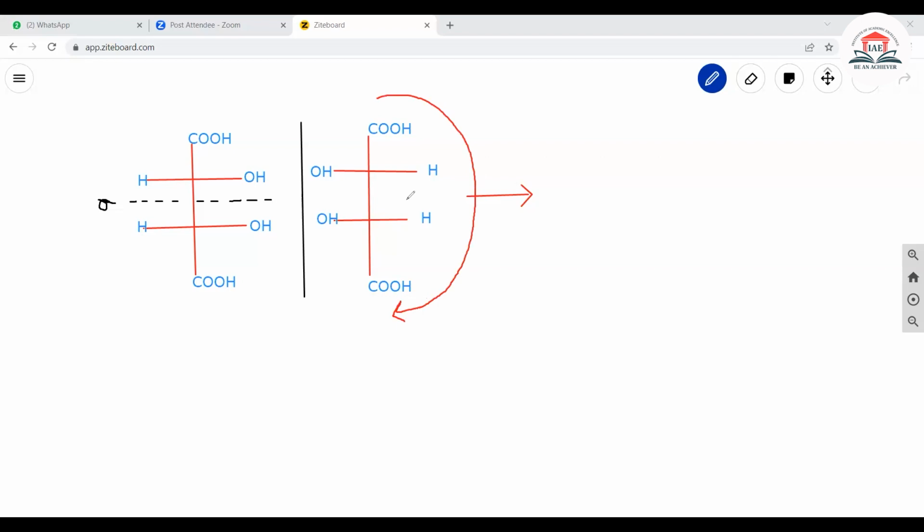So I'll write it here. In stereochemistry, 90-degree rotations are not allowed, and 180-degree out of plane rotations or any out of plane rotations are not allowed. In plane, 180-degree rotation is allowed. So if you rotate it in plane, what will you get? You will get a molecule in which the OH atoms are on the right hand side, right?